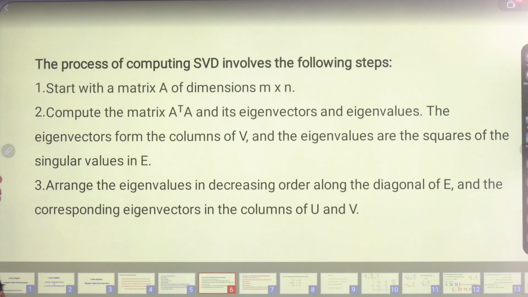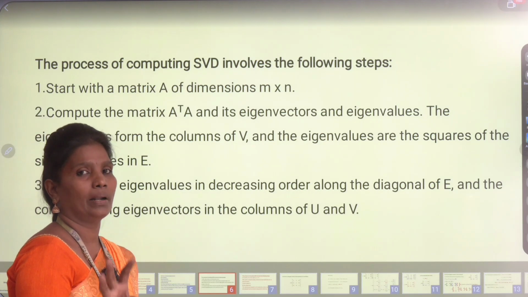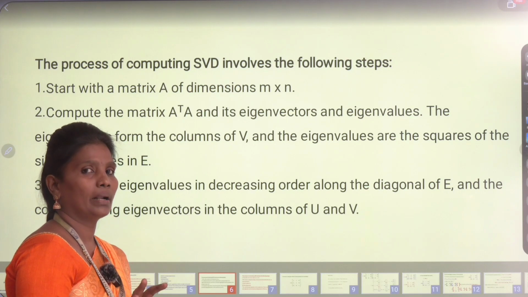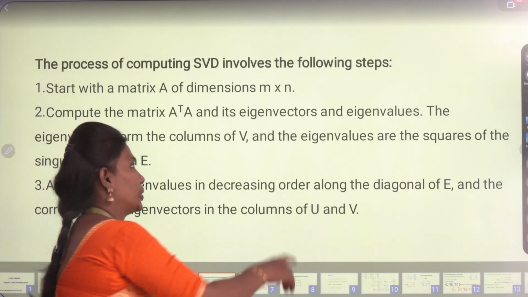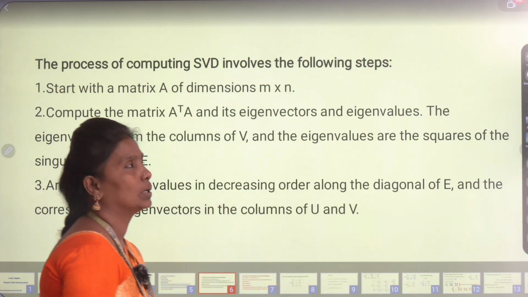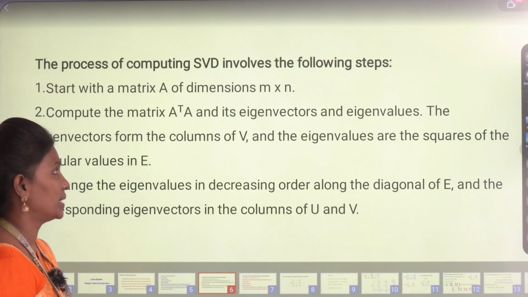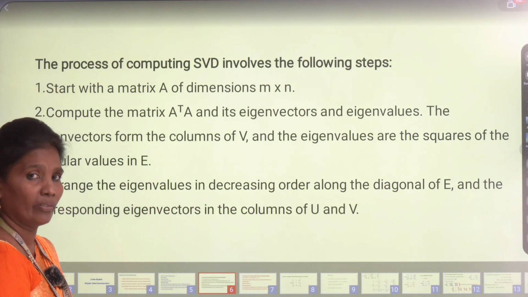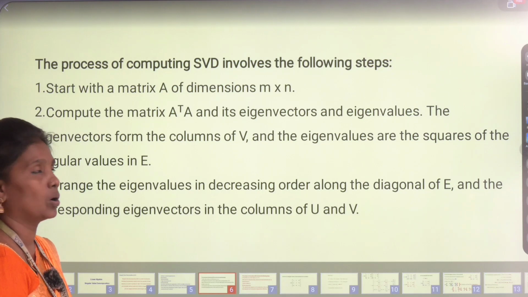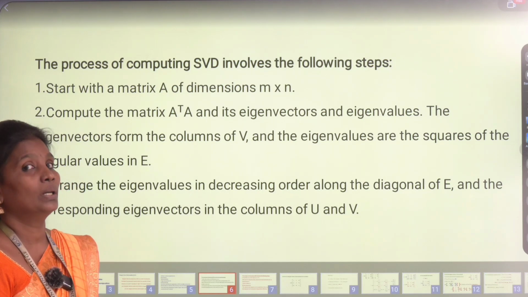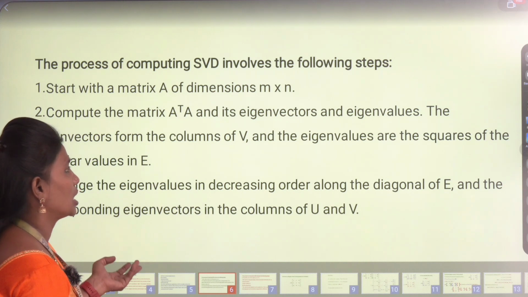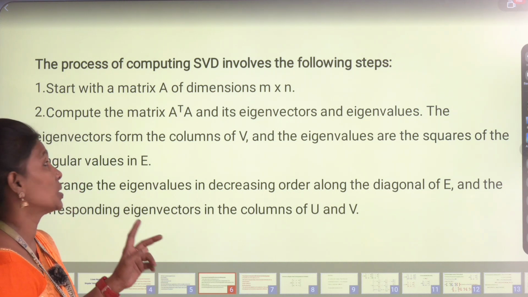Listen, the process of computing SVD: what are the things we are going to use? First of all, you take one matrix. The matrix has rows and columns, either a rectangular array, suppose M cross N where M is 3 and N is 4, or a square matrix. Now we use only a square matrix, 3 rows and 3 columns. Then first you form orthogonal matrices, A transpose A or A A transpose.